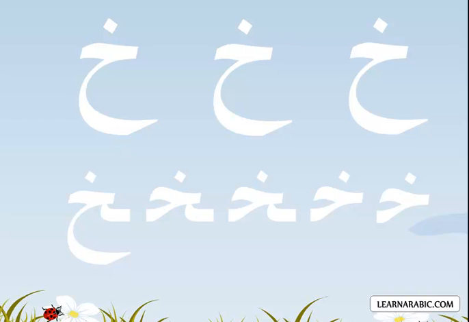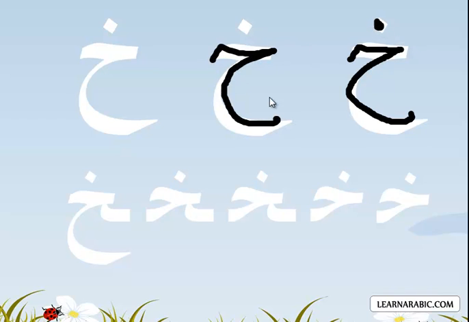Next we have the letter Kha, and this is the same as what has preceded. It has a dot on the top. Once again Kha, and once again in its isolated form.